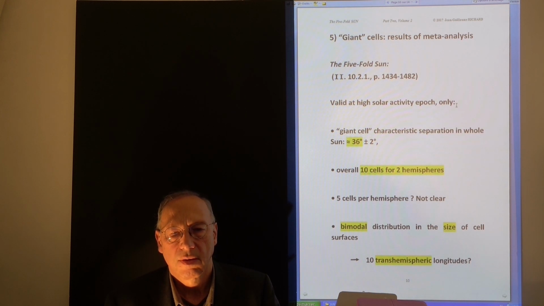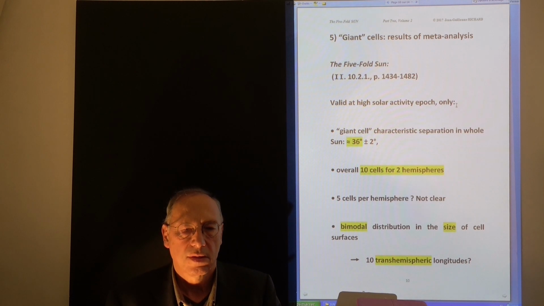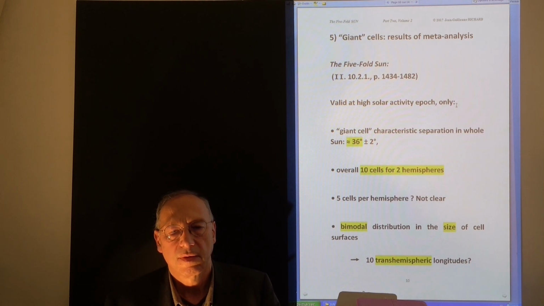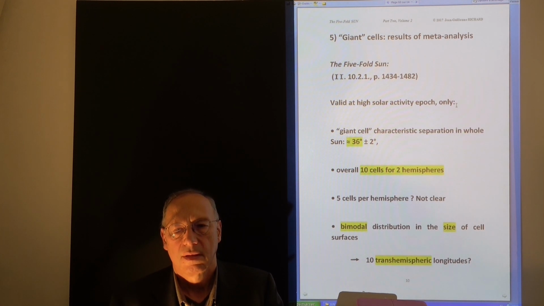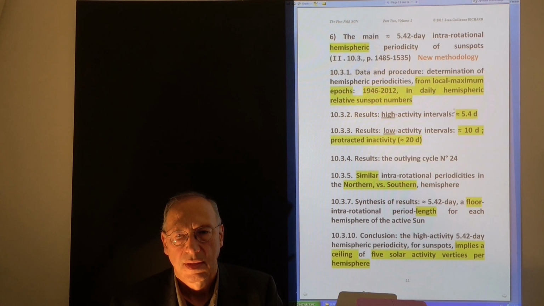Whether there are actually half as much in each hemisphere is not clear. What is found further is that there is a bimodal distribution in the size of cell surfaces, such as the bimodal distribution that was found for latitudinal distribution of sunspots in the previous video. Maybe the giant cells are transhemispheric totally or in part.